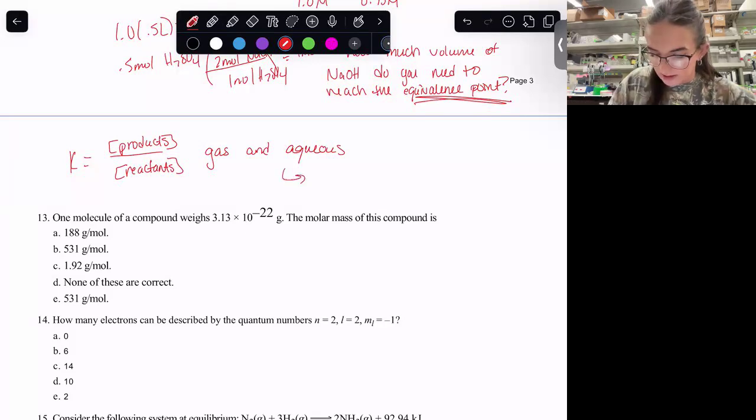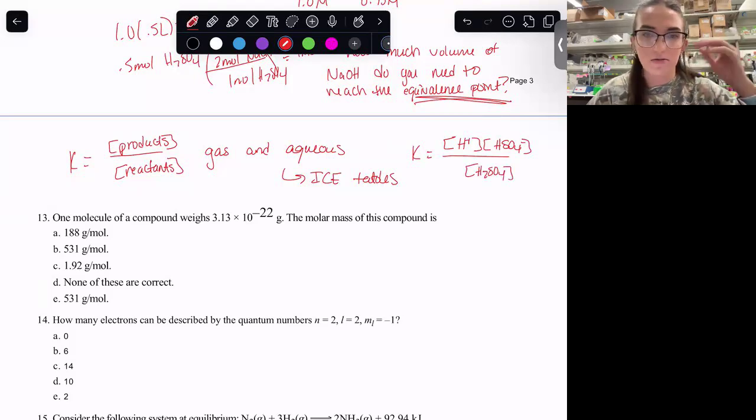And this plays into ICE tables for how you solve for K. And so K_eq is going to be something like, if you're looking at an acid, we'll say H plus times, it can look something like this. So K is always products over reactants, and then ICE tables.